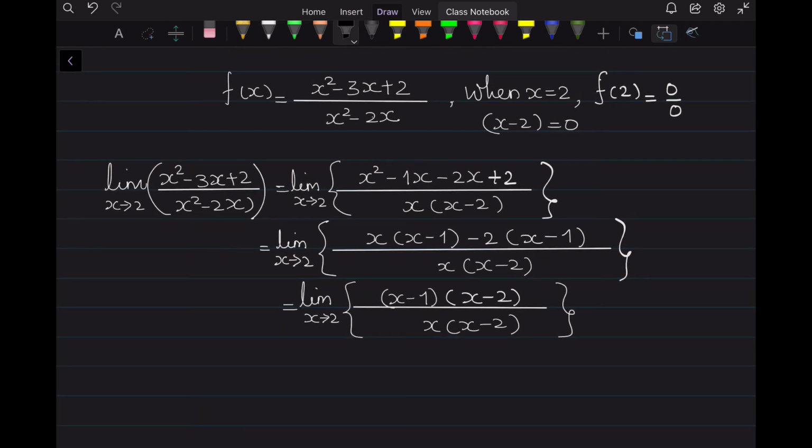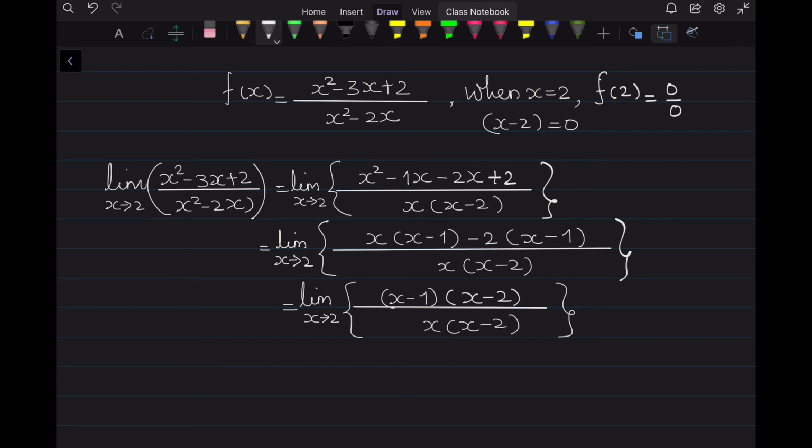So now x is not equal to 2 because now x approaches 2. That is, the values of x get closer and closer to this number 2. But x is not exactly equal to 2. So when x is not exactly equal to 2, then x minus 2 is not 0. So which means that this is not 0 over 0. This will be some non-zero number divided by the same non-zero number.